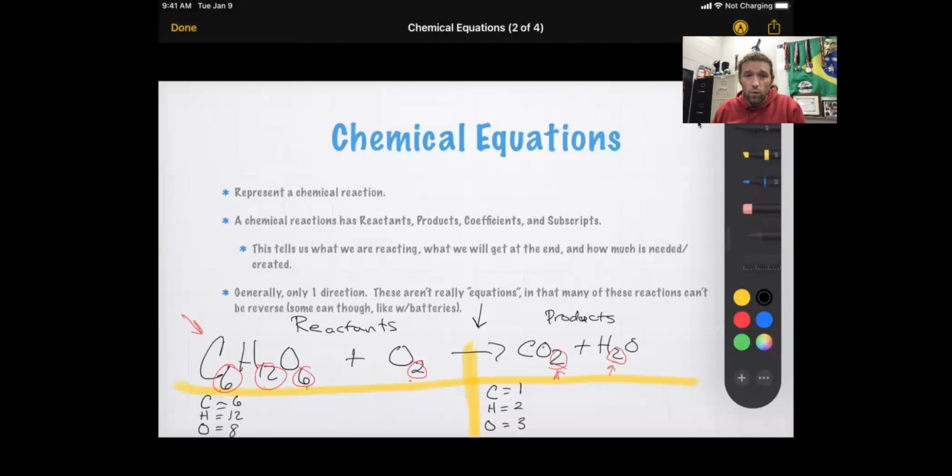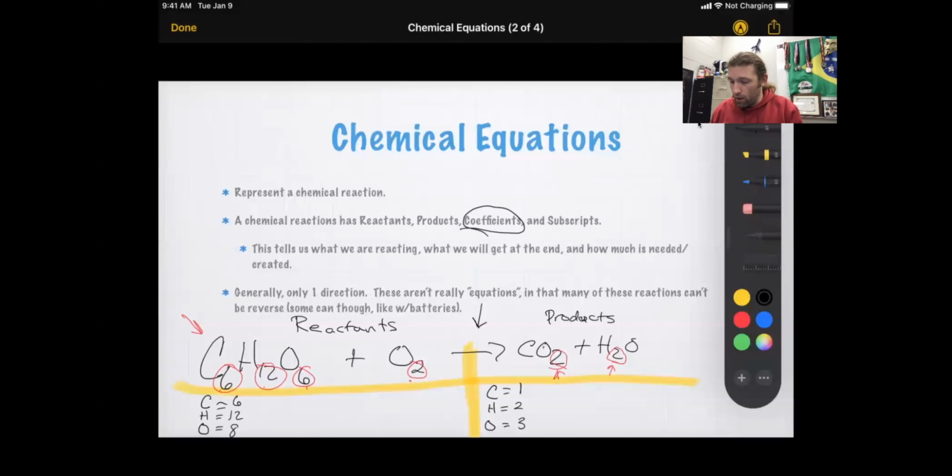Okay, so what do we do? How do we fix this? Well, this is where the coefficients come into play, the numbers that go before the molecules. So what we want to look over on the right-hand side, we need basically 6 carbons on the right-hand side. We only have 1. Well, what molecule can I add extra of so that we have that? Well, that would be the CO2.